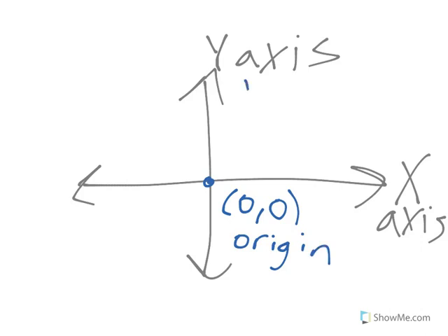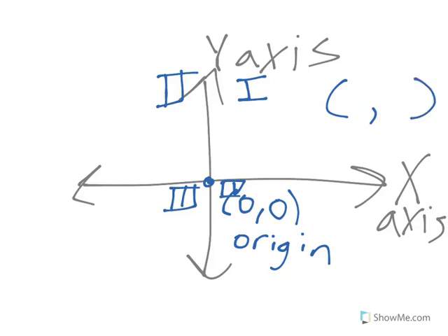And then we have the 4 different quadrants. We have quadrant 1, quadrant 2, quadrant 3, and quadrant 4, depending on what your points are. And it's always determined by the number that goes across, which is also known as our x coordinate, and then the number that goes up and down, which is our y coordinate.